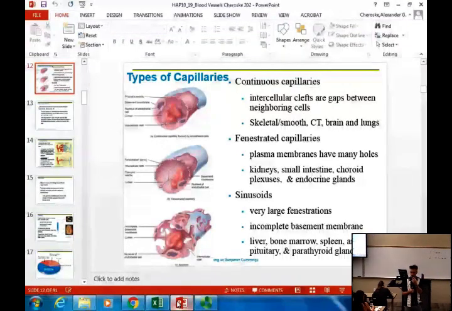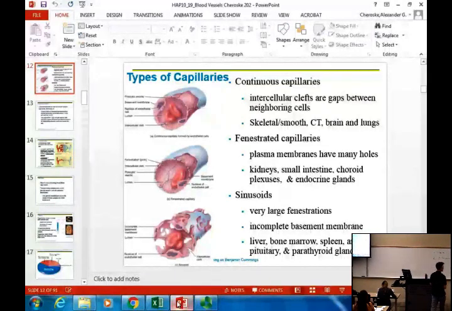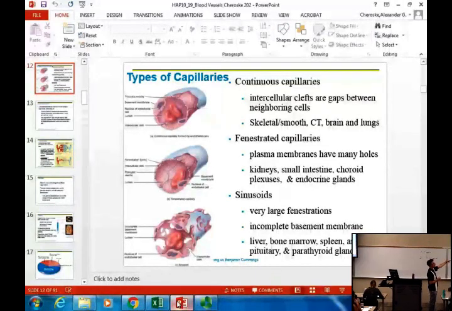So it's a single layer of cells, flattened cells to boot, which makes it very, very thin, makes it easier for things to get across. And like you see with these different types of capillaries, if we need it easier still, we'll actually have holes in the cells or holes in the basement membrane, which facilitates the movement of larger molecules or even cells to be able to enter and exit the blood vessels. Okay?